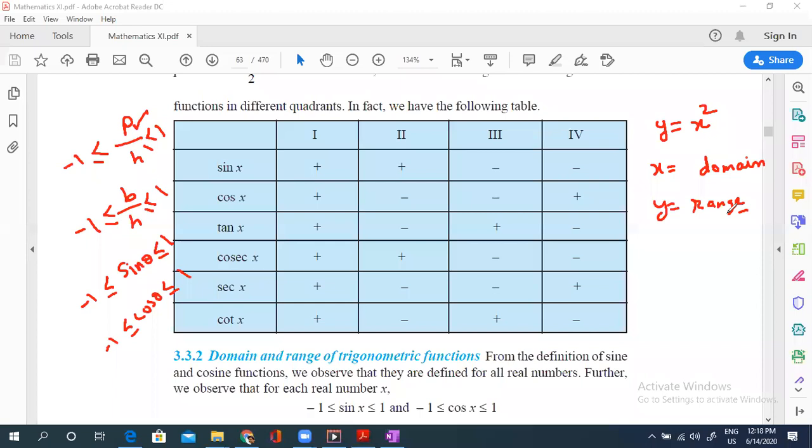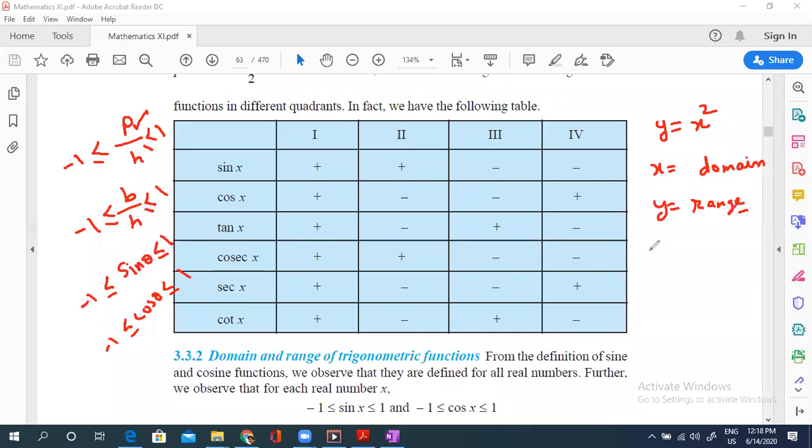Okay, right? The value that you can put in the function is your domain, and the value of the function is called the range.